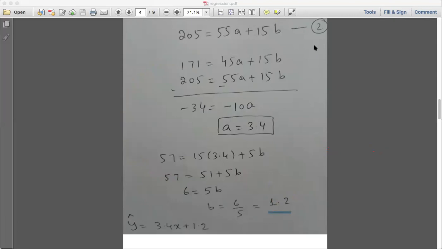The values of x and y were given, and then using the least square method we generated two equations, then completed the table, put the values, after that solved the equations and found the values of a and b and put those values in the equation y is equal to ax plus b. So this is the equation that we need to find a regression line y in terms of x.